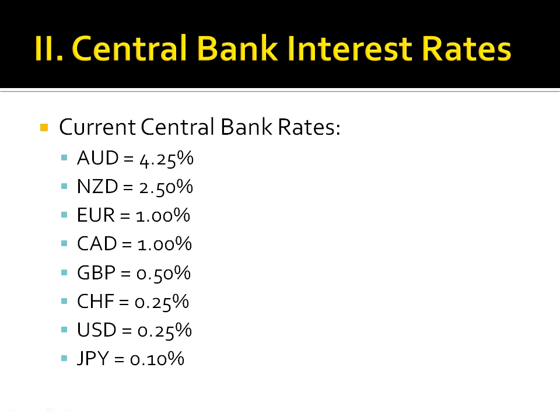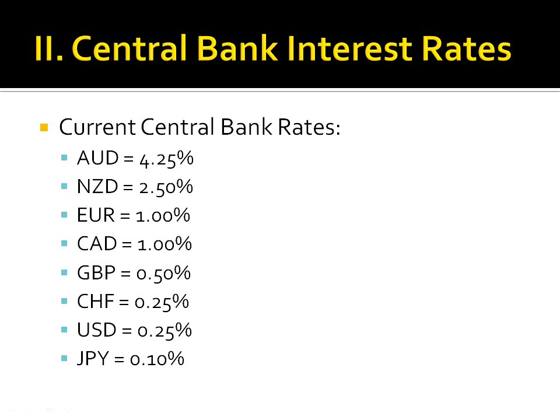At the moment, the central bank rates are: Australian dollar is 4.25. This is the Australian Central Bank lending money to its other banks at this interest rate, 4.25% a year. And you'll notice the US is offering their banks at 0.25%.